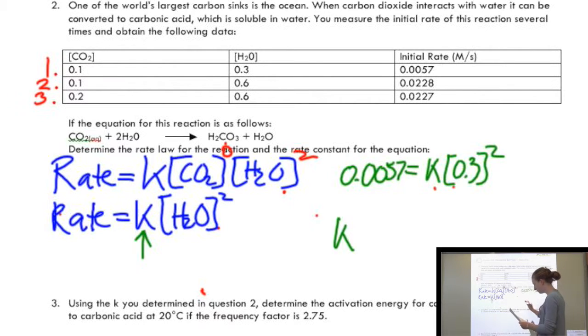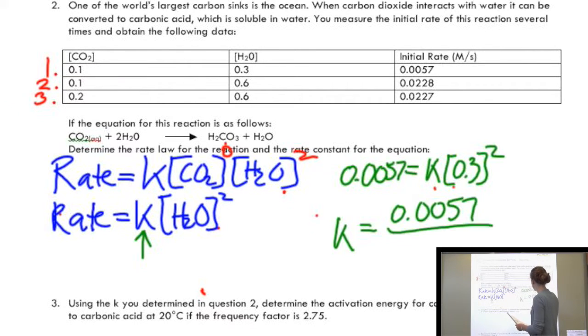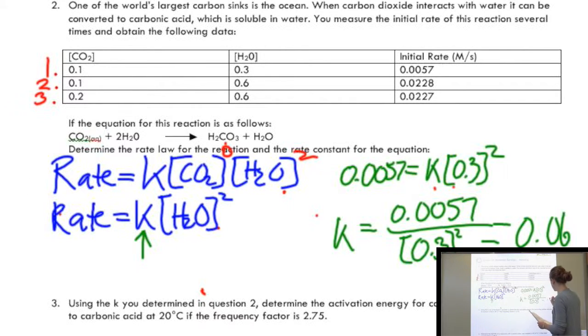Then we'll divide over, so we get that K equals 0.0057 over 0.3 squared, and that equals 0.063 inverse molar seconds. So that's it for going through one of those problems.